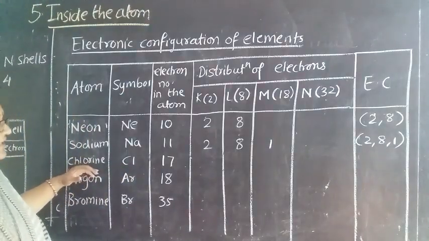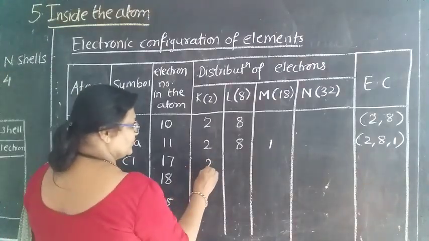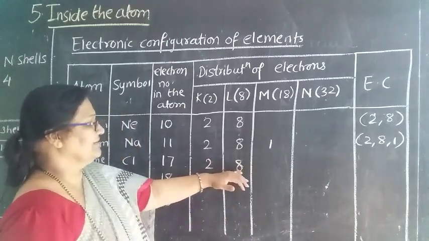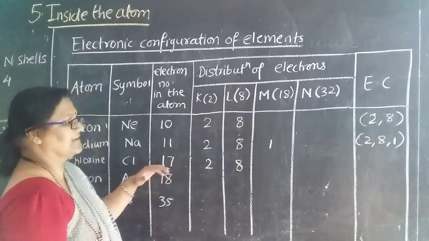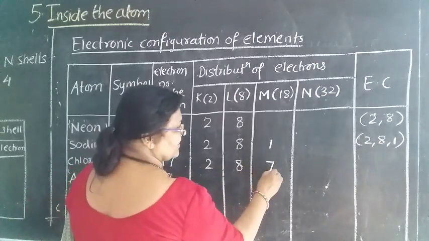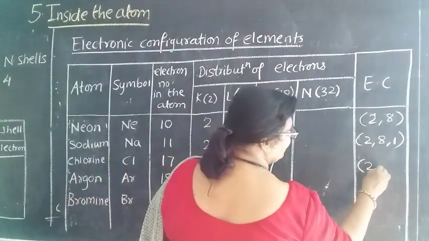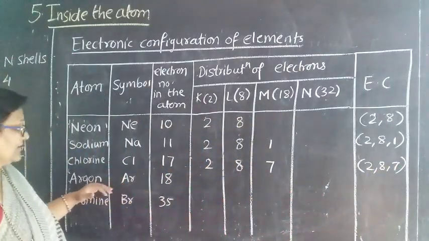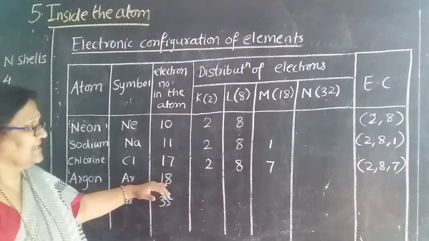Then that of chlorine. See here, 2, 8. 2 plus 8 is 10. How many remain? 7. So fill here 7. So that will be 2, 8, 7. Now the next one, argon. How many electrons? 18.